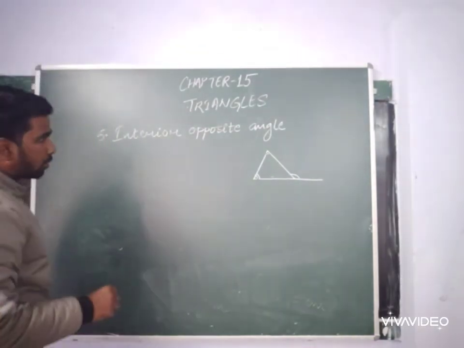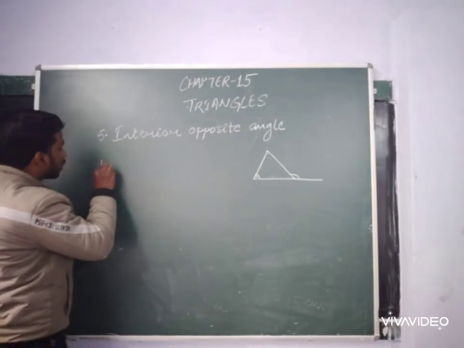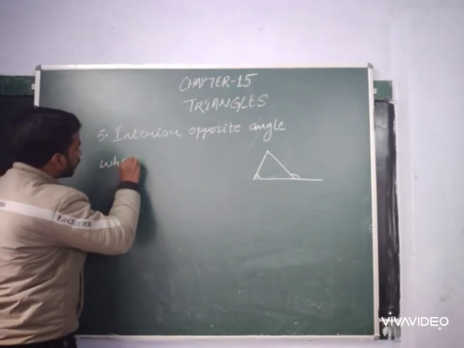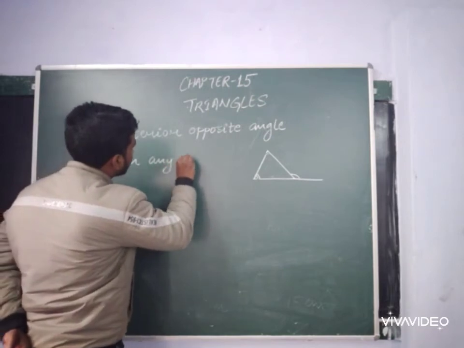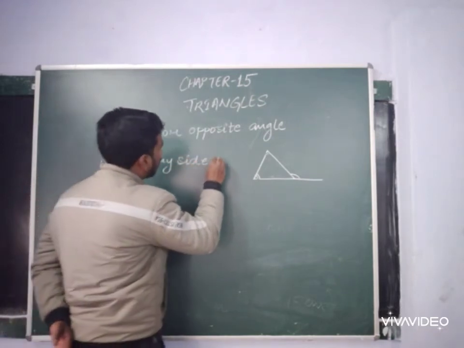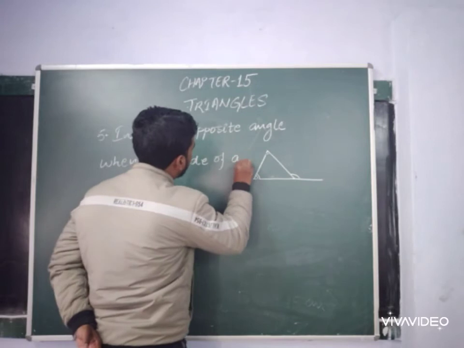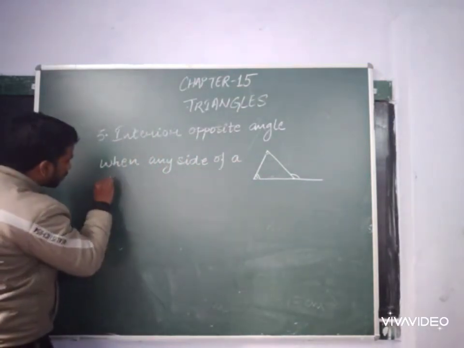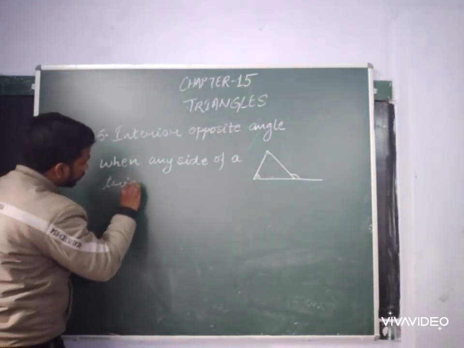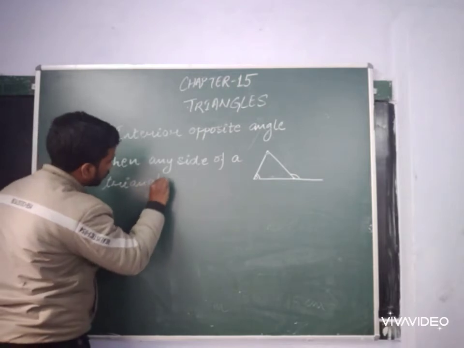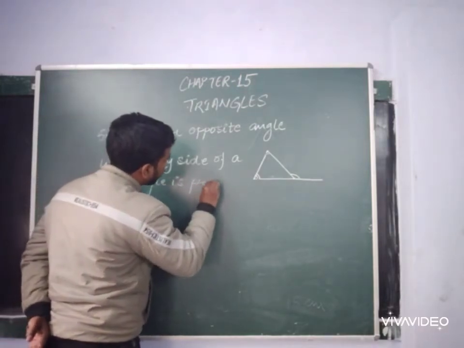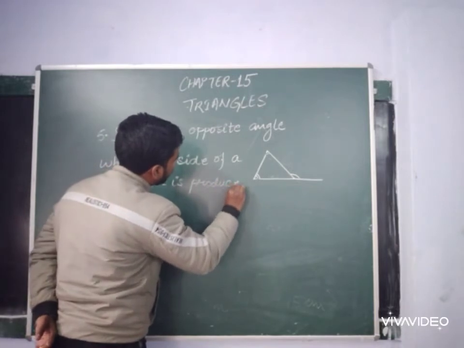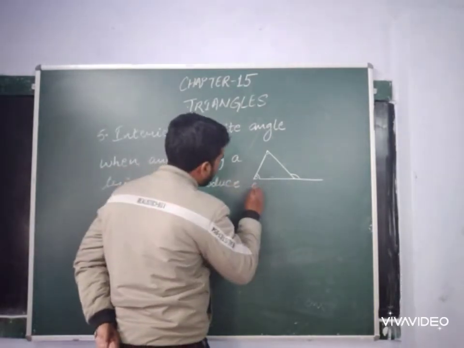When any side of a triangle is produced, an exterior angle is formed.